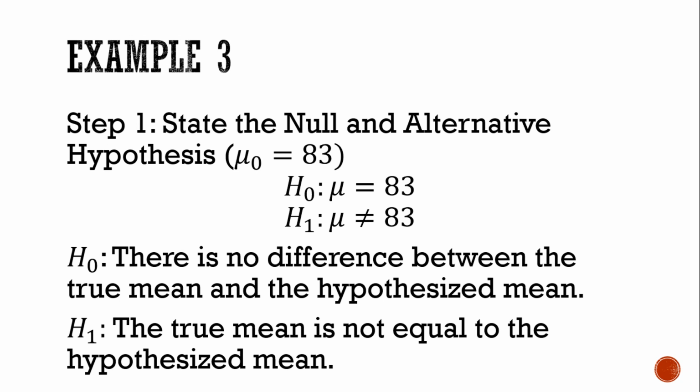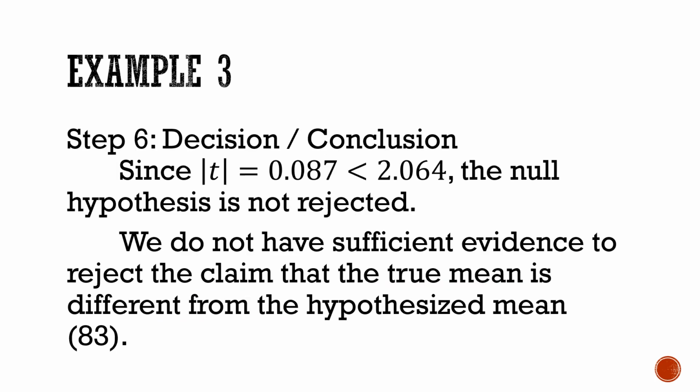We are not to reject the null hypothesis that there is no difference between the true mean and the hypothesized mean. Meaning to say, we do not have sufficient evidence to reject the claim that the true mean is different from the hypothesized mean, which is 83. And that will be for the third example.